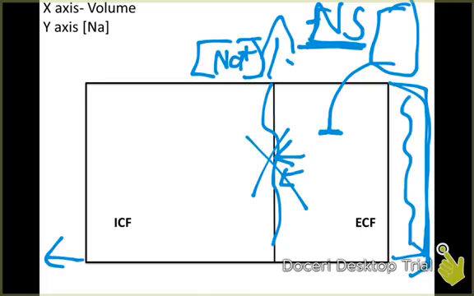So that's why when we're trying to resuscitate a patient who has low blood pressure and becomes hypotensive, we give them an isotonic substance. And when we talk about isotonic, isoosmotic in the form of saline, we know most of that is going to stay in the extracellular fluid space, increasing the intravascular and interstitial fluid volume.